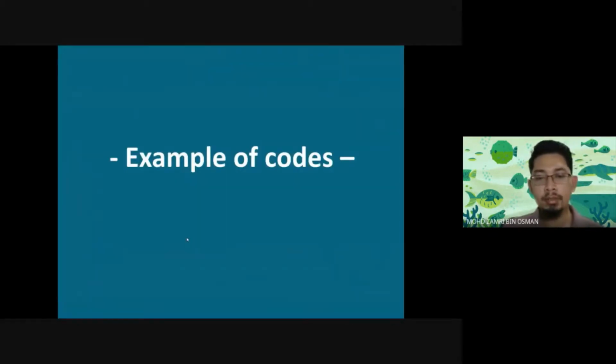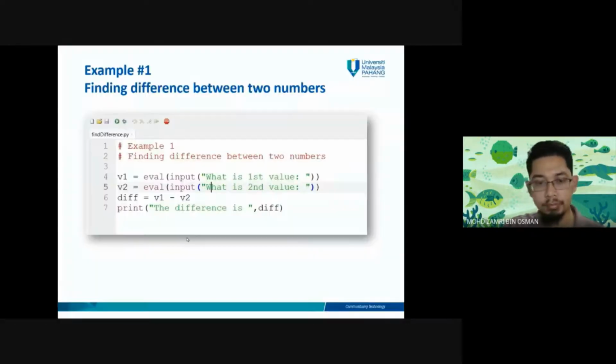So I will show you an example of the code that I have in the slide here. This one is example number 1, to find the difference between two numbers. We have line number 1 until line number 7 here. Line 1 and line 2 are comments in the program.